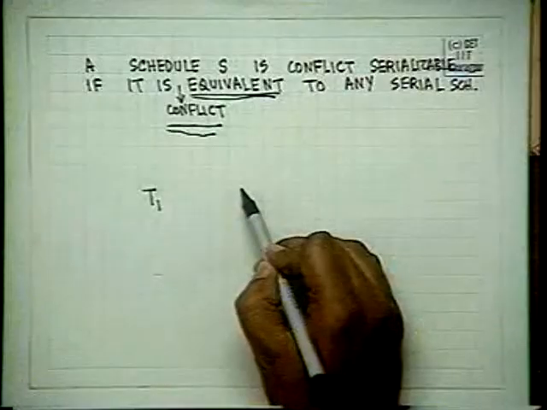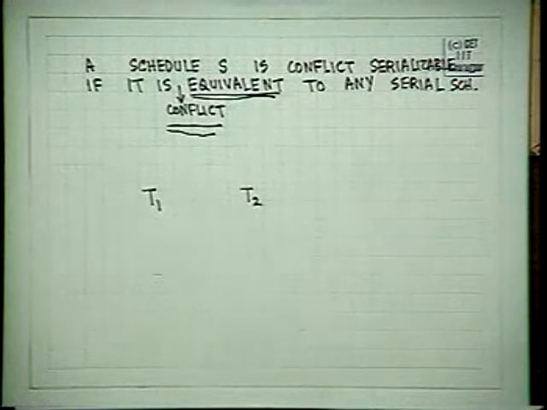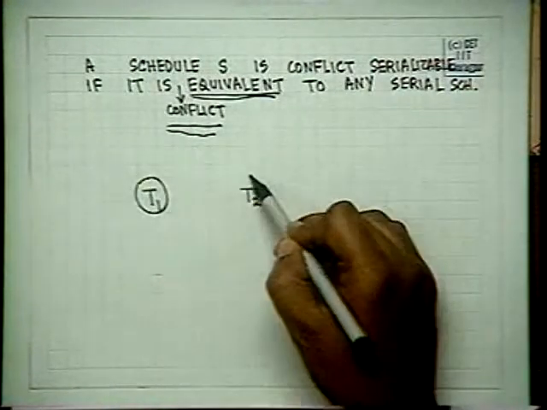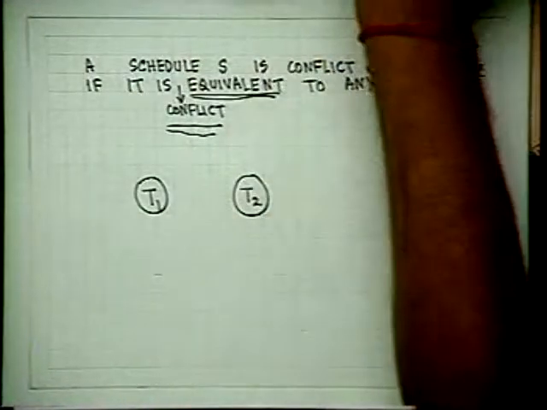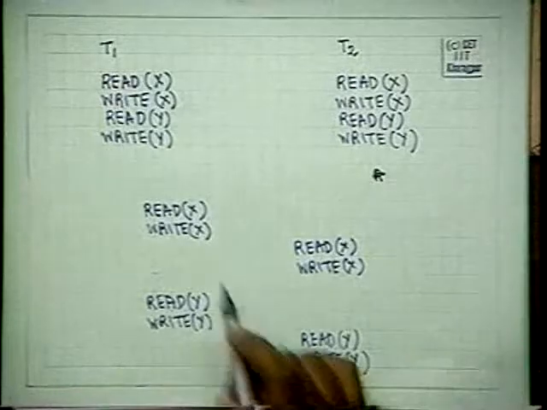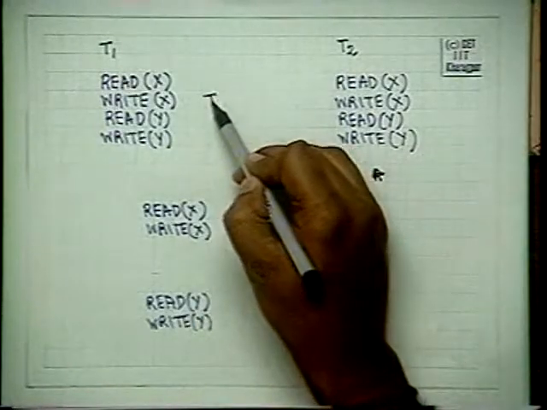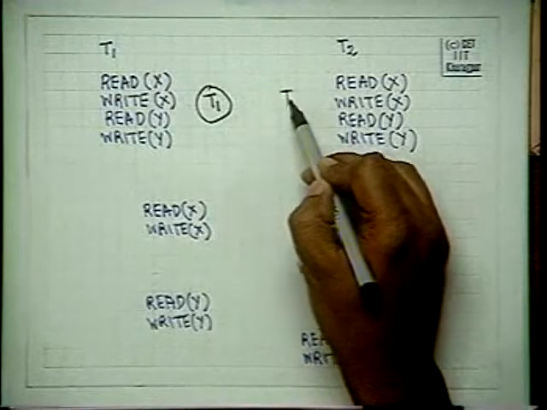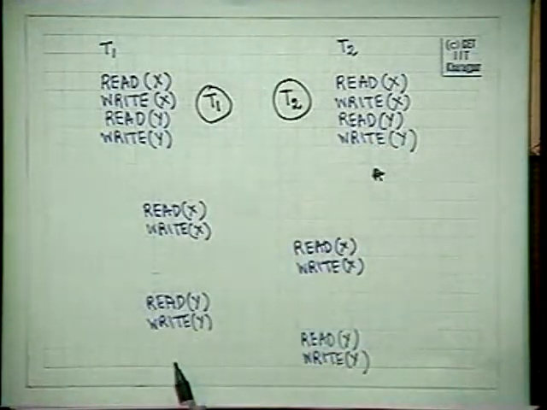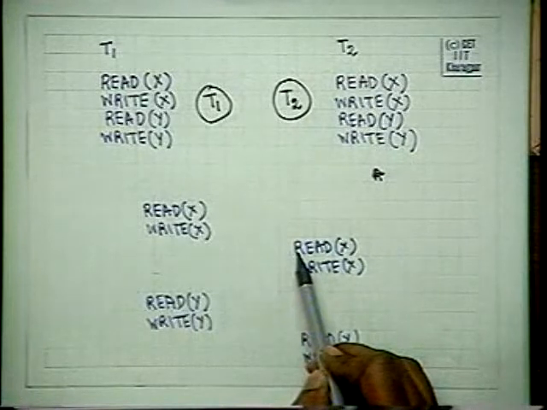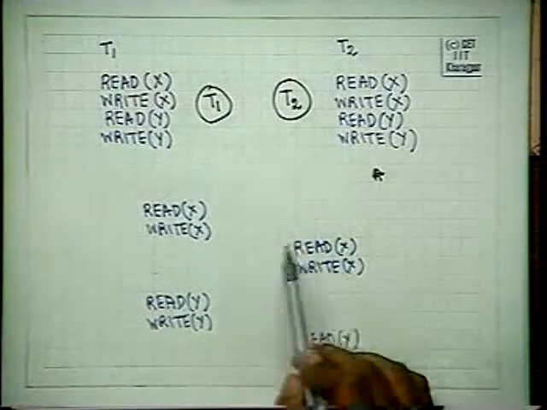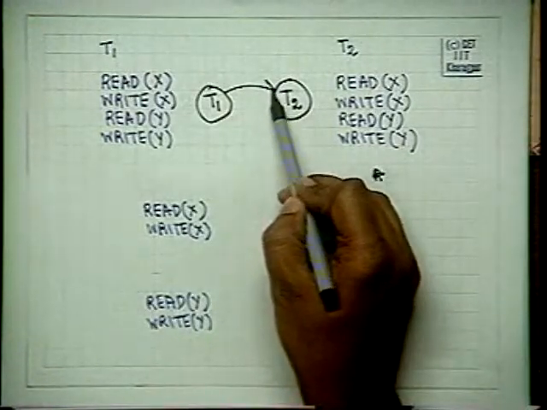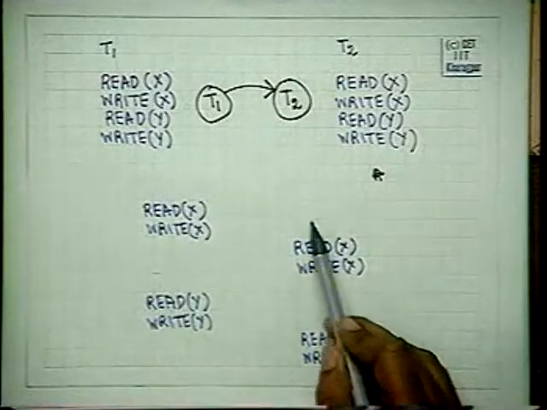Let T1 and T2 be two transactions. All right, and let us see an example here. We have got two transactions, T1 and T2. Now if we cannot swap this beyond this, we say that there is a link from T1 to T2.